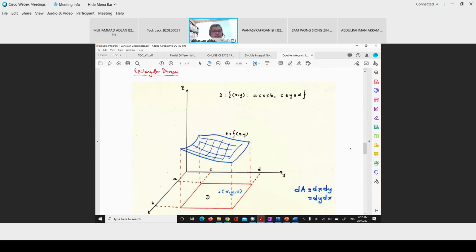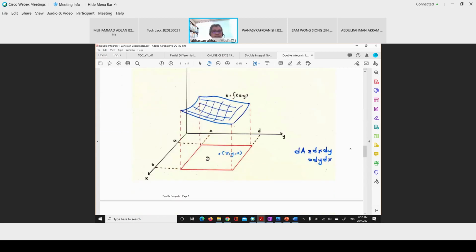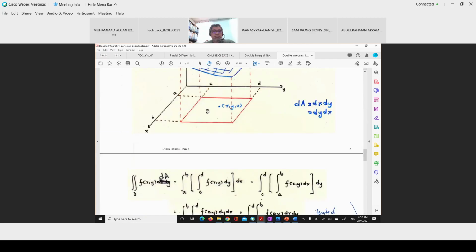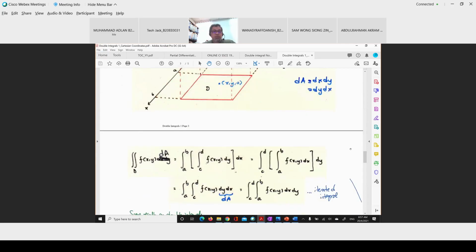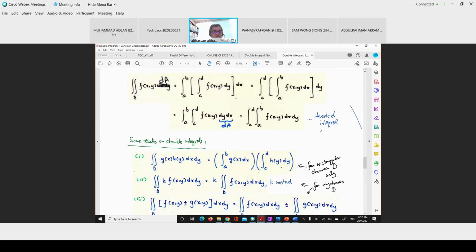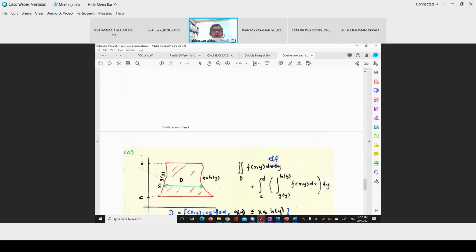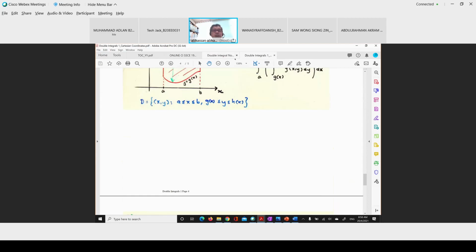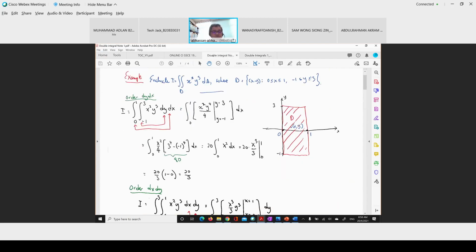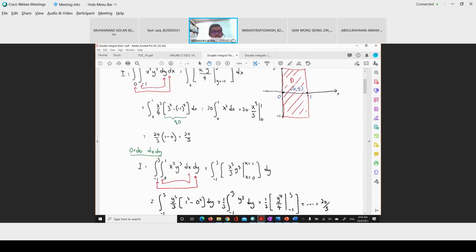First, we consider the rectangular domain. Then it can be evaluated using the iterated integral, and then we look at non-rectangular domains as well. Then we worked out some examples of evaluation of double integrals.